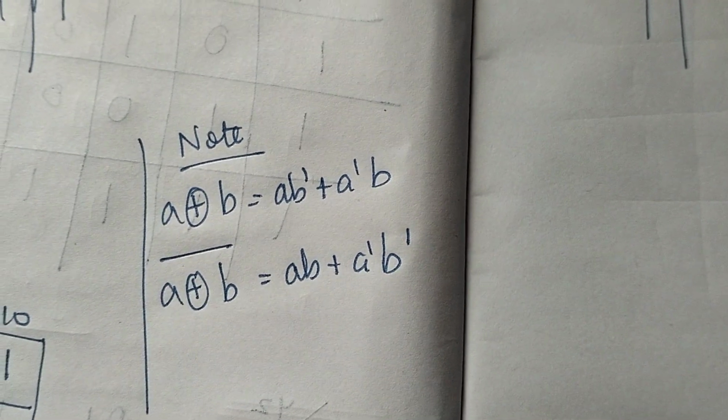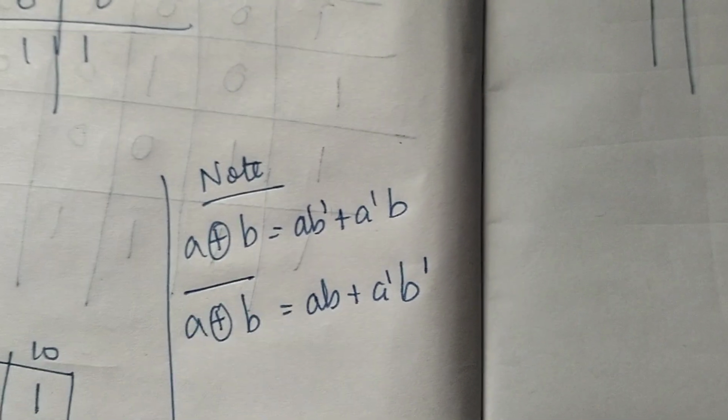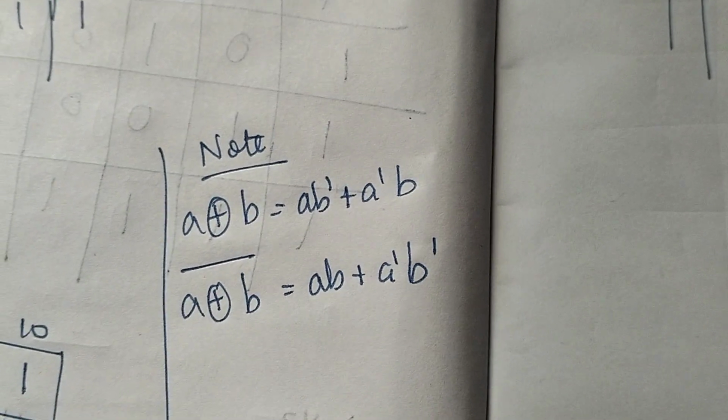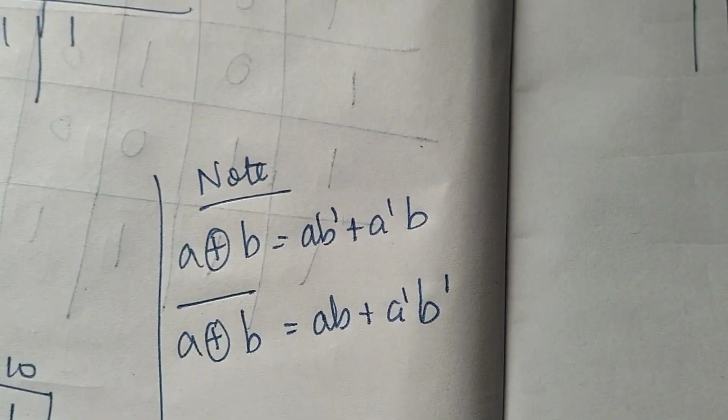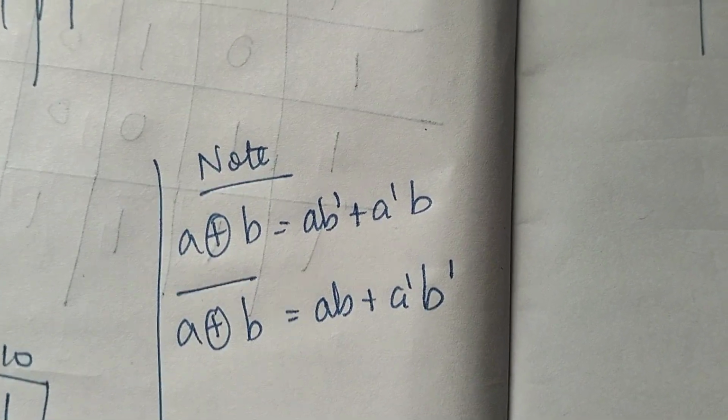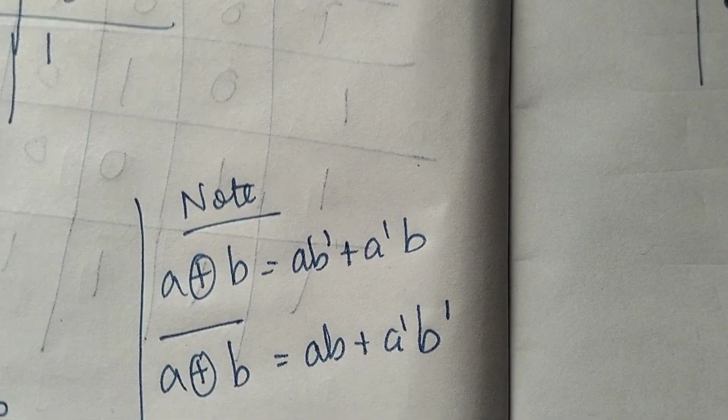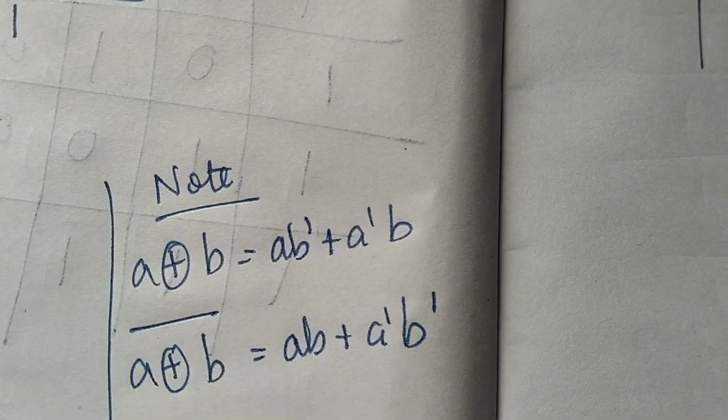Now before we proceed, let's just take a minute to recall these 2 laws which I'm sure we might have studied. A XOR B is given by AB' plus A'B, and A XOR B the whole complement, which is nothing but A XNOR B, is given by AB plus A'B'.